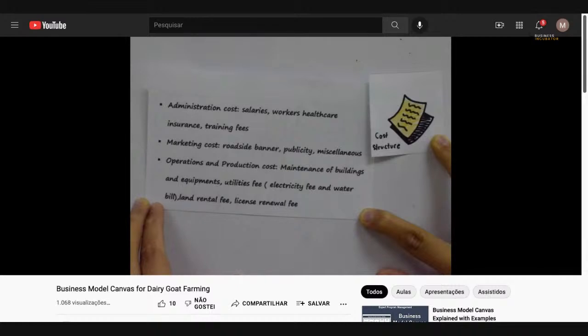Lastly, operations and production costs, which include the maintenance of the buildings and equipments, utilities fee, which include electricity fee and water bill, as well as land rental fee and license renewal fee.